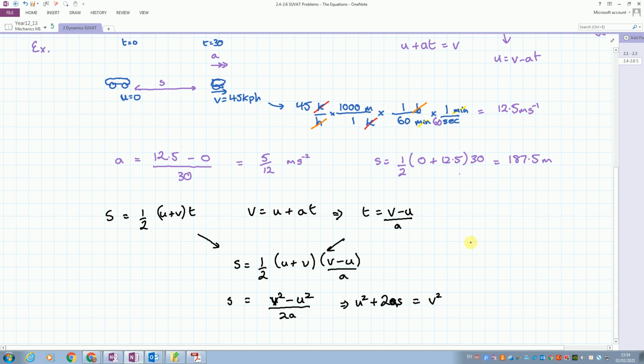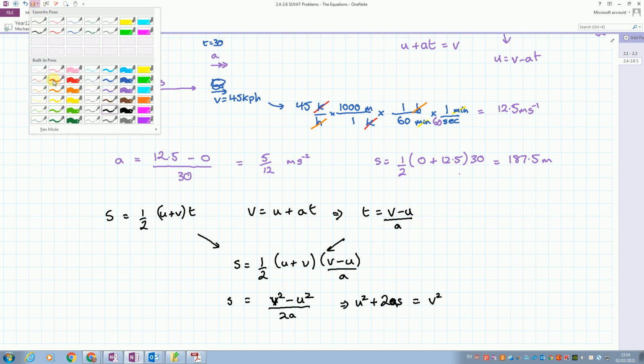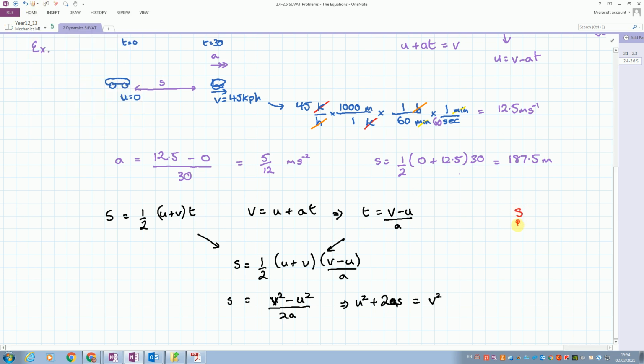So what we need to think about is, when we've got the variables, it's often useful to think about what sort of variables we have got. You tick off when you go into a question which bits you've got, and it helps you choose which equation you need.